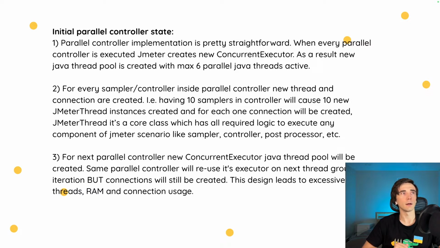For every parallel controller which exists in your JMeter script, a new concurrent executor will be created. A concurrent executor is a way to create extra Java threads and execute them concurrently in parallel.